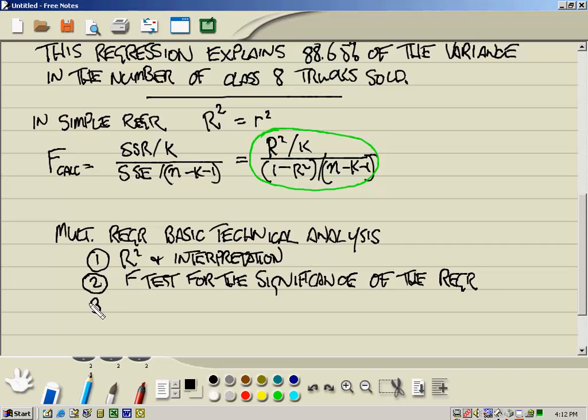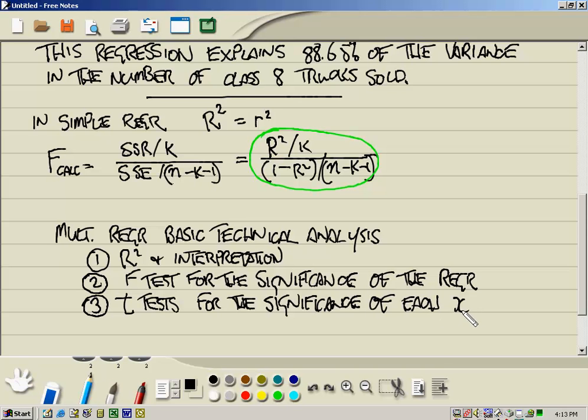And then finally, we'll do the t-tests for the significance of each individual x. Okay, and that's the way we would normally do it.